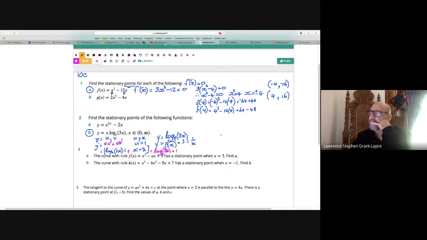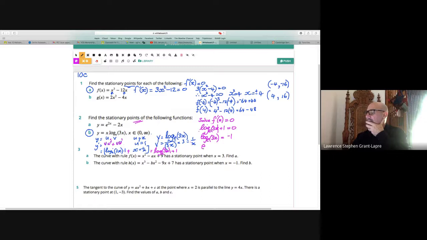Okay, now we want stationary points. When does that equal 0? Well, let's solve f dash x equals 0. So log 3x plus 1 equals 0. So log 3x equals negative 1.